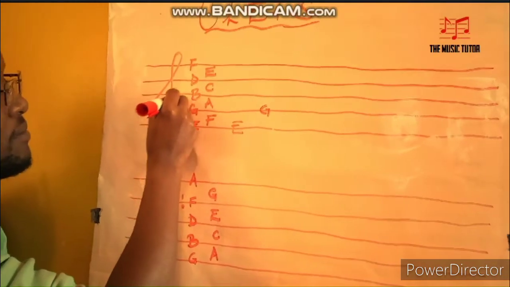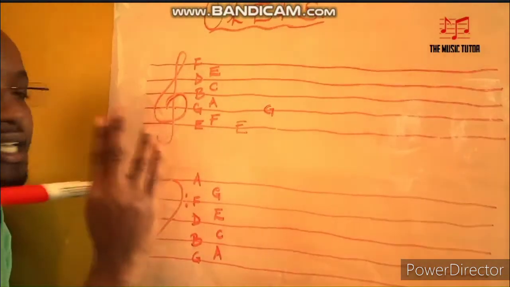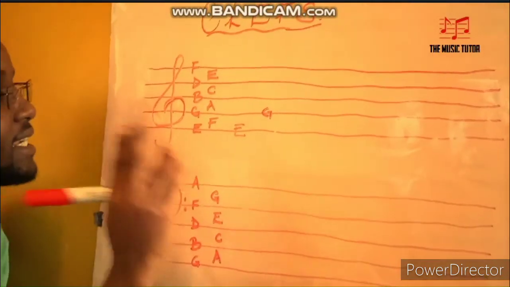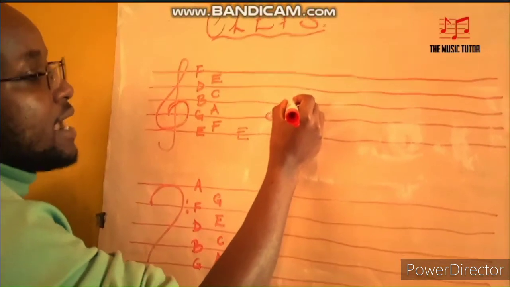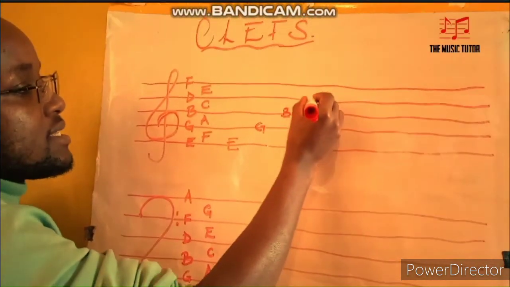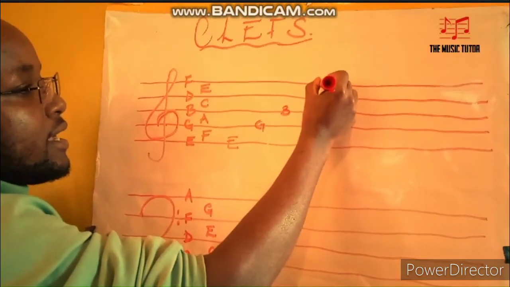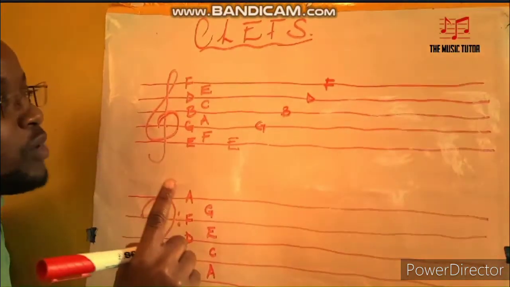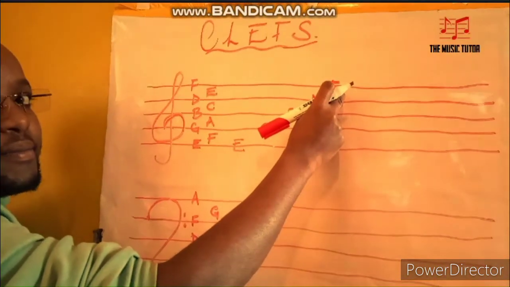The first time, the second time, and the third time, and the fourth time here. It cuts the second line G, the second line 4 times. So this is line G, this is line B, this is line D, and this is line F. We memorize it as every good boy deserves favor.